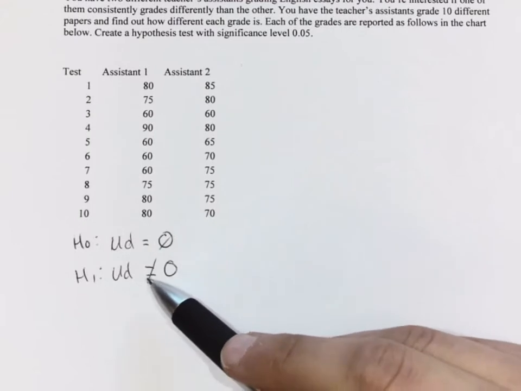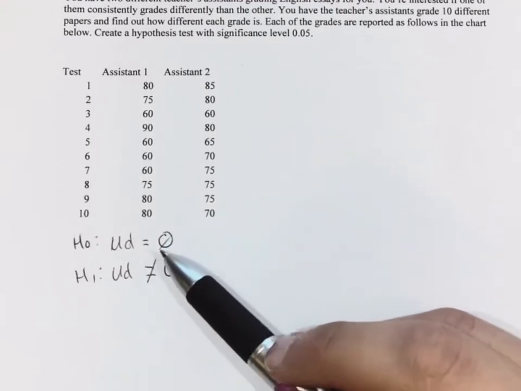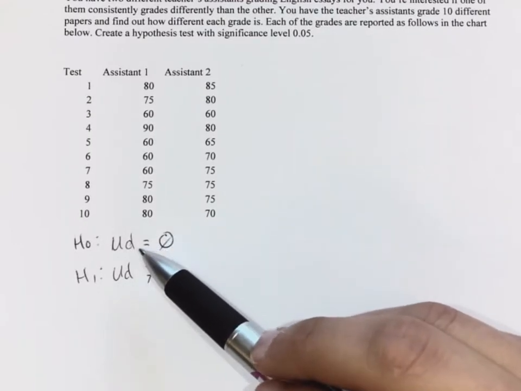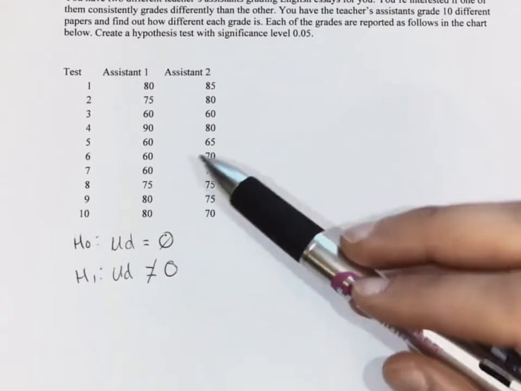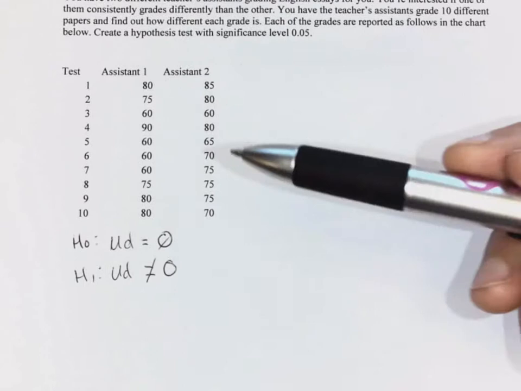Now, note, this isn't a greater than or less than. We're not saying that the difference is more than. We're not saying one teacher's assistant will mark higher than the other or lower than the other. We're saying 0 and not 0.